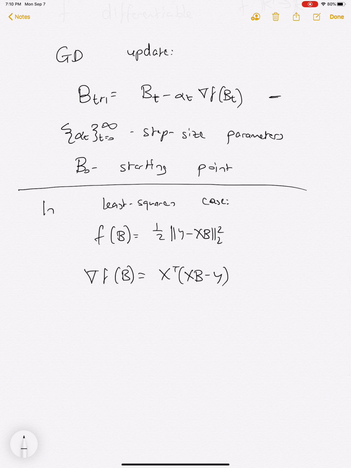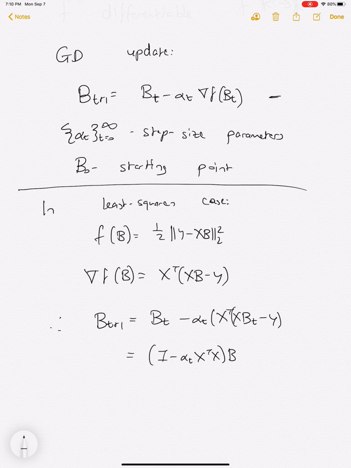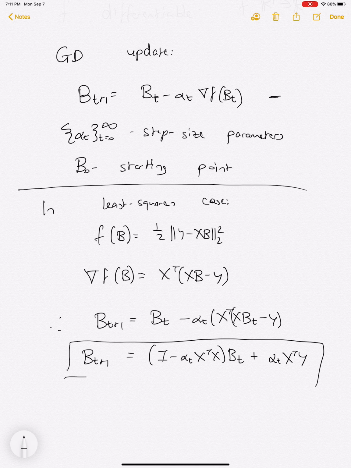Okay, and so we saw in the previous lecture that when we write out the gradient descent update, this means that we have, and we can expand on this a little bit further and just write this out as, okay.